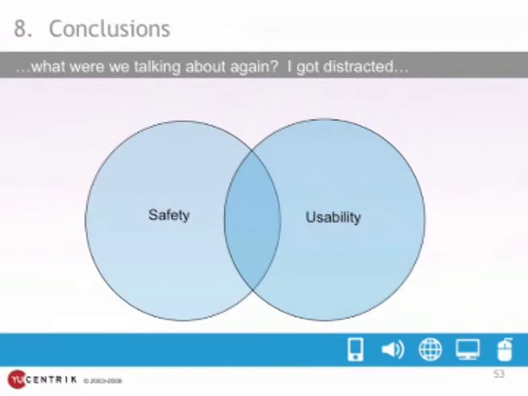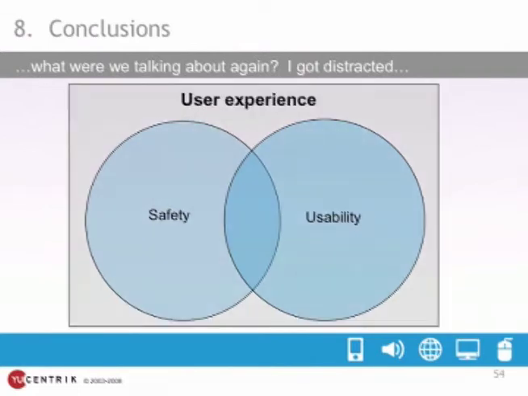So the idea is that you need to take a look at the whole thing in terms of user experience, that when you approach a problem like this in safety, user experience is the aspect of absorbing other concepts like safety and making sure every front of the interface is looked at from a user point of view.